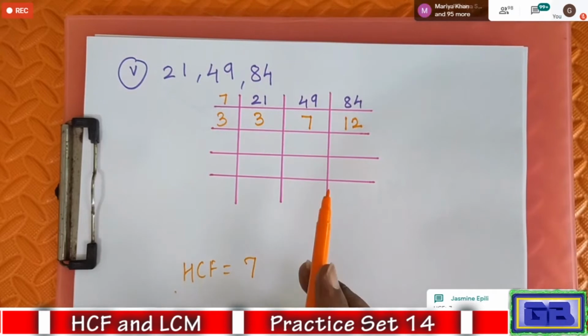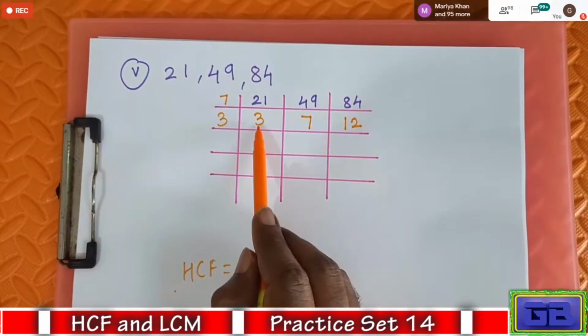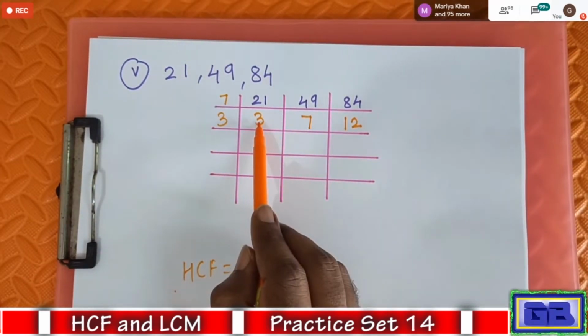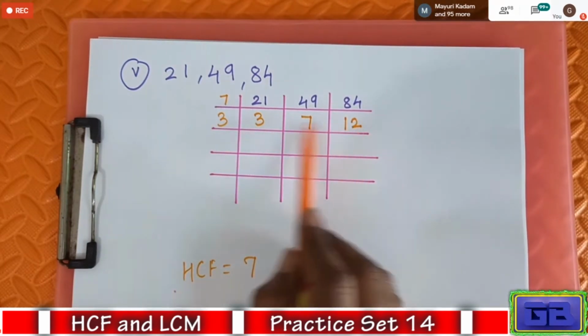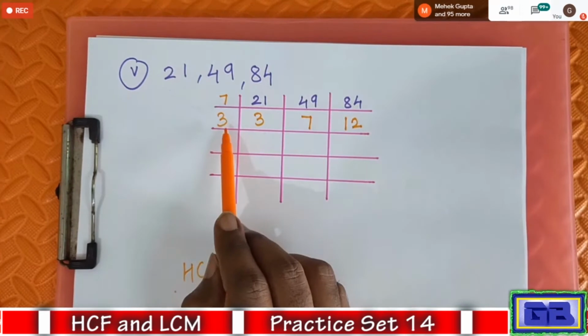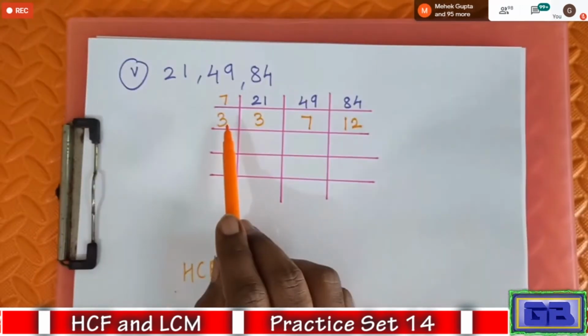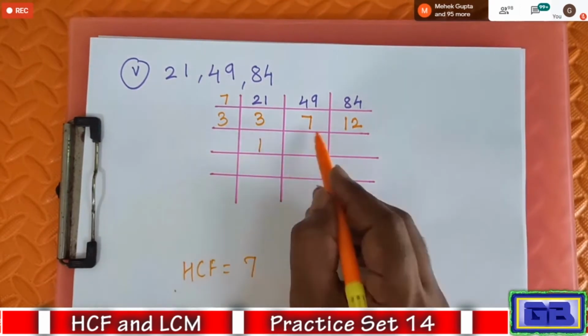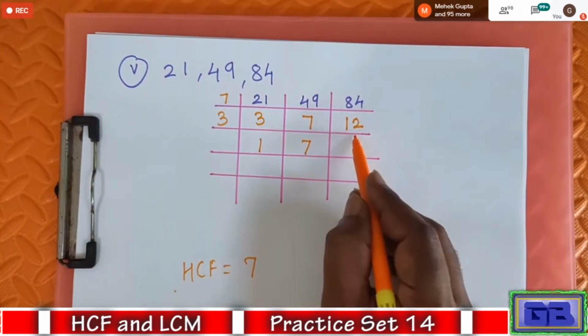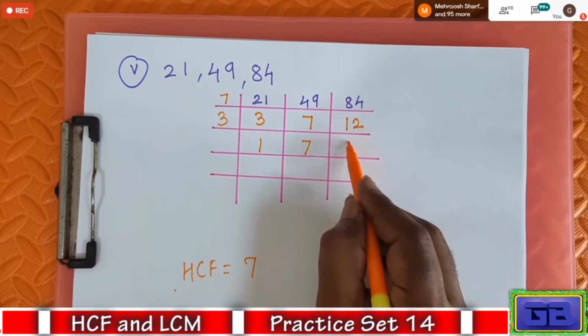Otherwise again you will get confused, because here 3 is there, here 7 is there, and 12 is there. There is no common factor in all 3. Therefore now for finding the LCM, we have taken 3 as common. 3 ones are 3, 7 as it is, and 3 fours are 12.